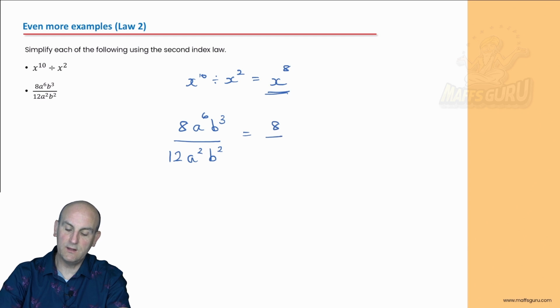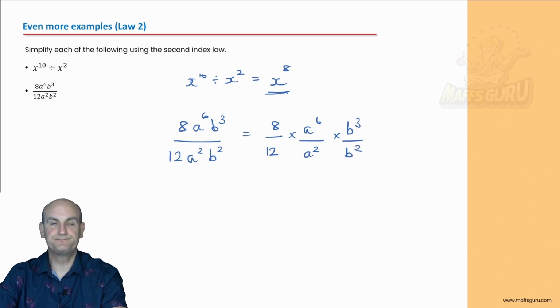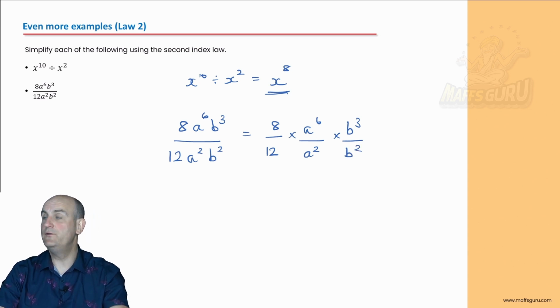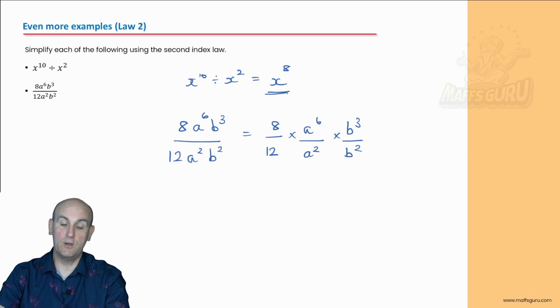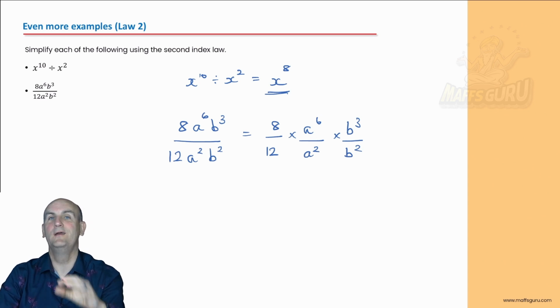We can split this up to become 8 on 12 times a to the 6 on a squared times b cubed divided by b squared. And again, if you're not sure why, if you multiply those three together, you will go back to exactly what we started with. Now this only works when there's times on the top and times on the bottom.